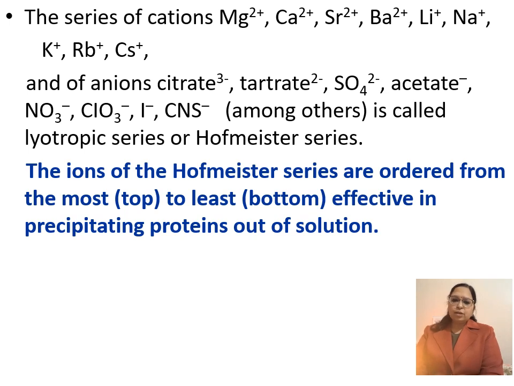So Hofmeister arranged cations and anions in a series, which is known as the lyotropic series or Hofmeister series. The ions which are kept at the top are most effective in precipitating the proteins out of the solution, while the ions which are kept at the bottom are the least effective in precipitating the proteins out of the solution.